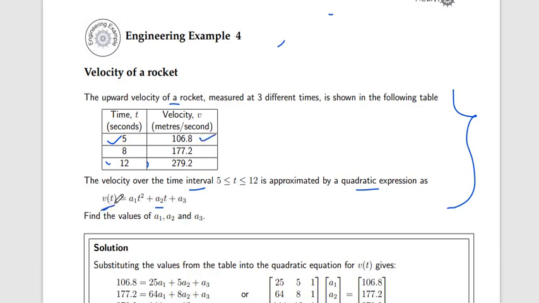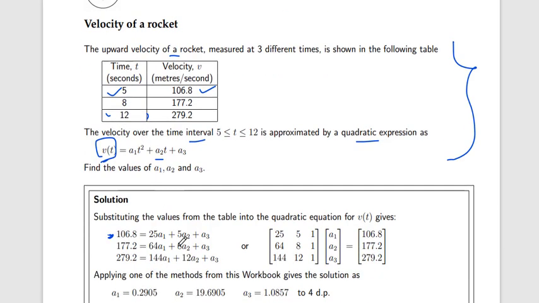So the first equation is 106.8, and the time is 5, so we put t equal to 5. 5 square is 25, so 25 a1, plus 5 a2 plus a3. First equation made.